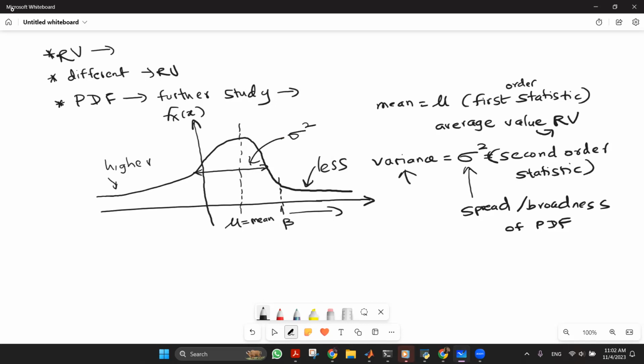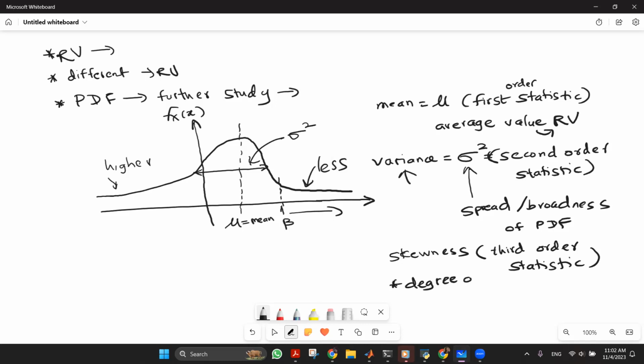There are other parameters such as skewness of the PDF, which is the third order statistic. It gives us the degree of symmetry around the mean.